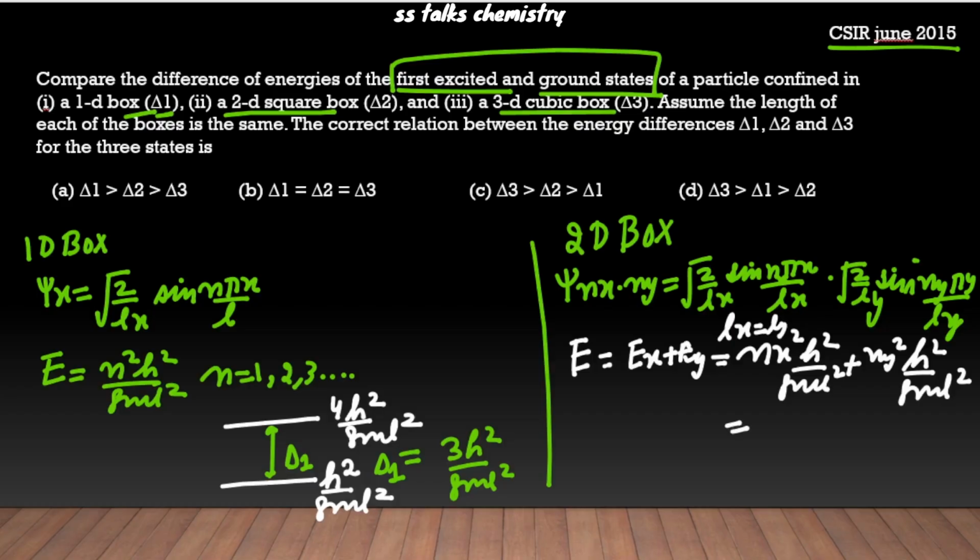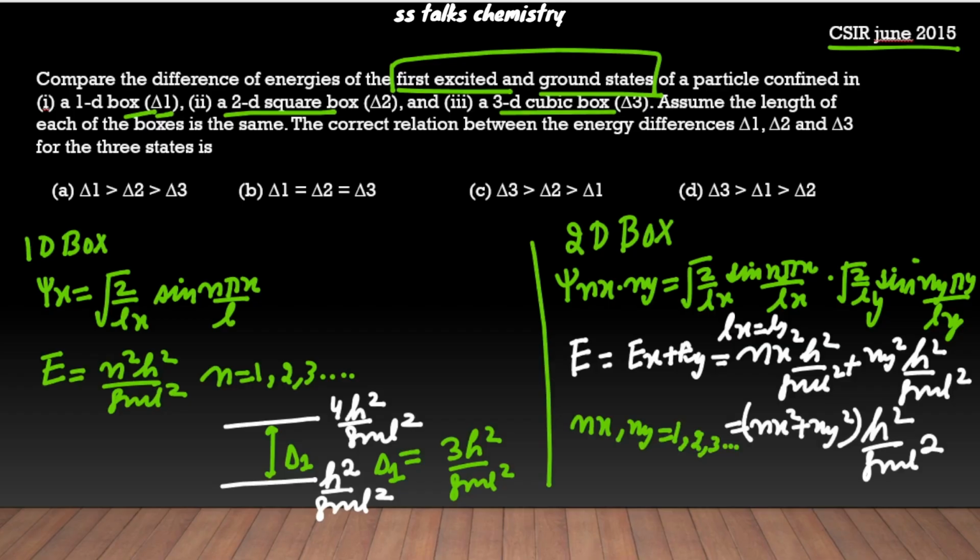So the energy will be nx square plus ny square into h square upon 8 m L square. Here again the nx and ny values start from 1, 2, 3 and go on like this.